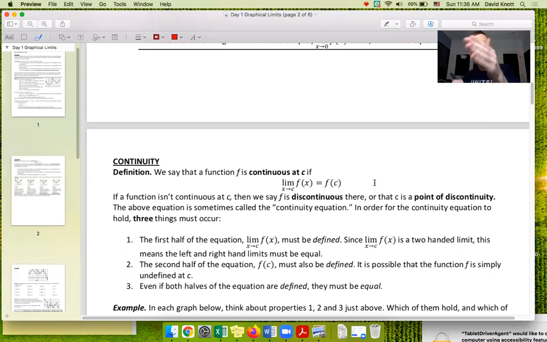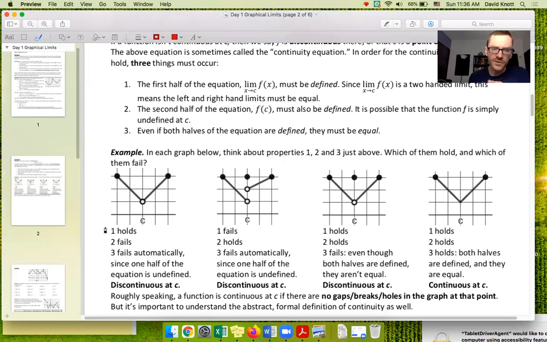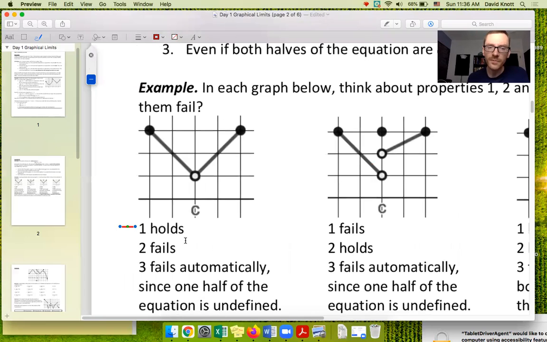Okay, so as we're going to see, anytime there's a gap of some kind in the graph, something about this equation is going to break. Property 1 was true, so that's why I wrote 1 holds. Property 1 is holding here, but property 2 failed.